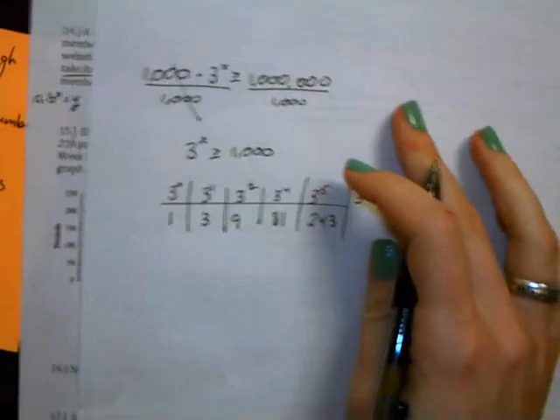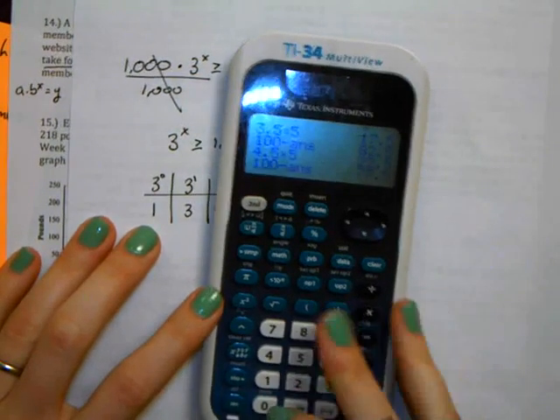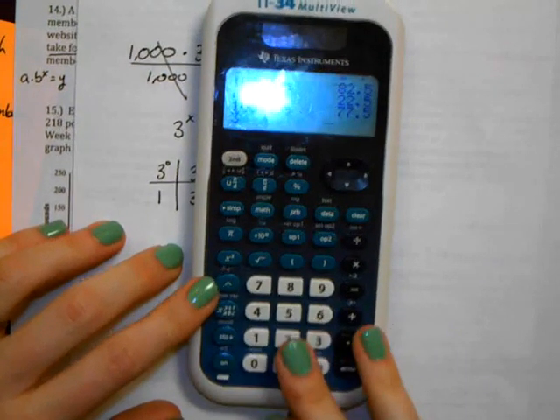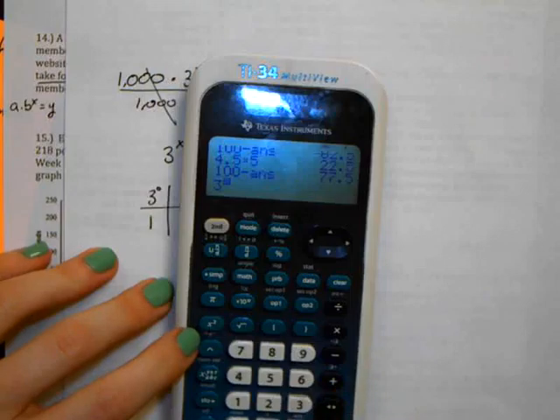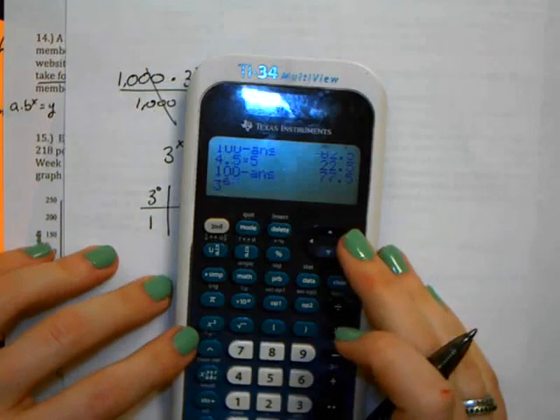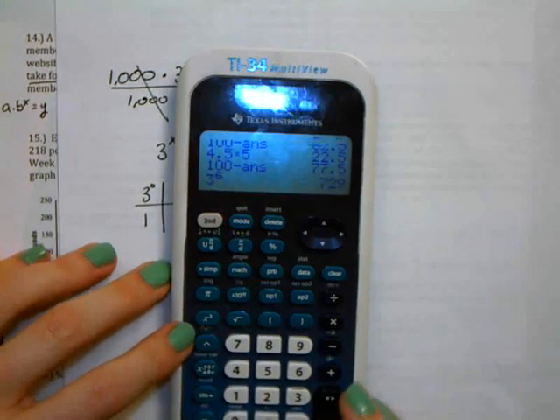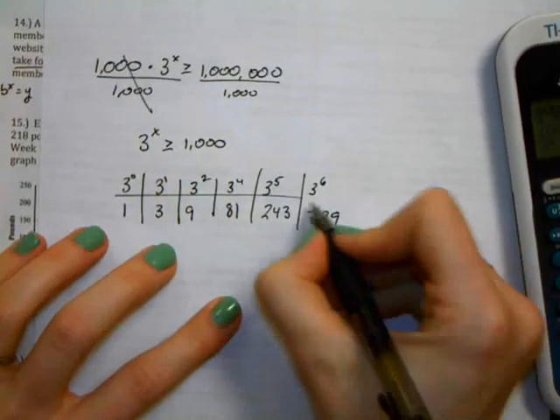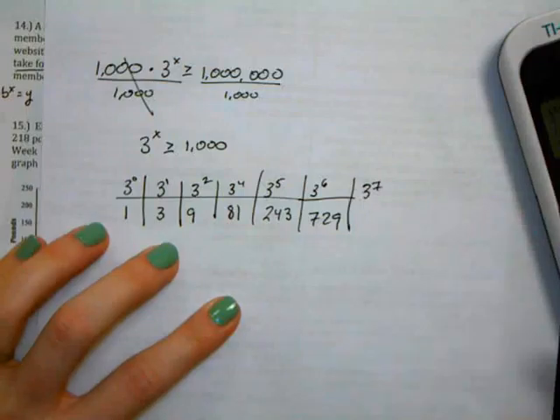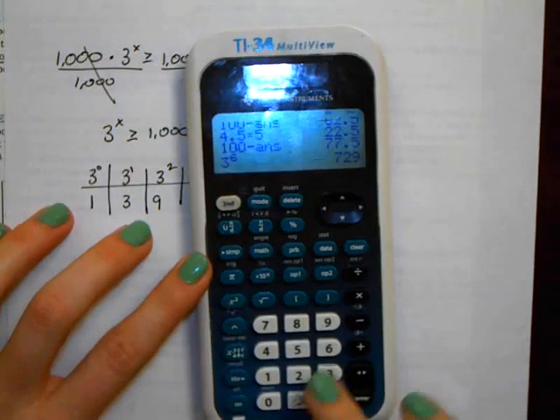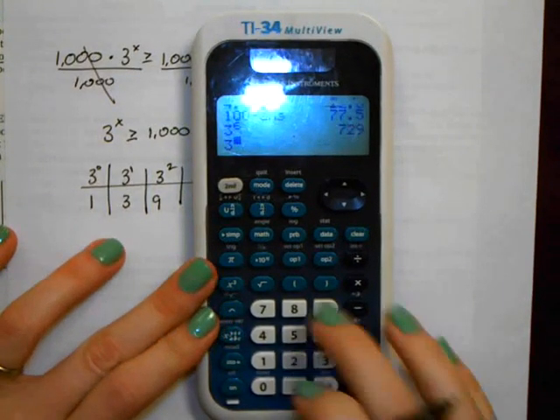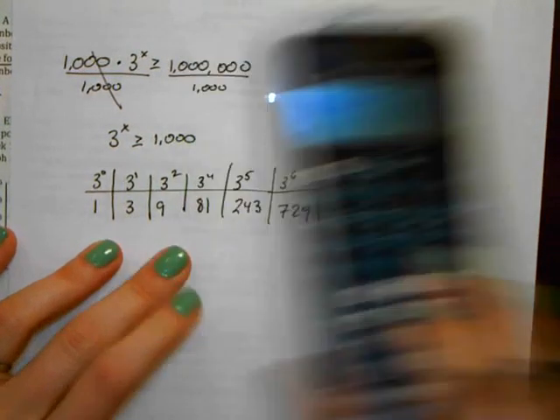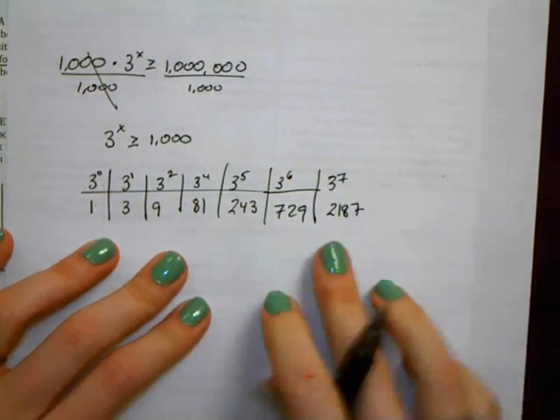All right, 3 to the sixth power I'll just show you in case you don't remember how to put this in your calculator. 3 to the 6th power, you would type 3, and then this little caret right here opens up an exponent, and then you would say to the 6th, and it tells us 729. So we're getting closer to that 1,000 that we're looking for. Probably the next one's going to do it. 3 to the 7th power would be 3, and then I hit that caret again to the 7th, and that is 2,187.